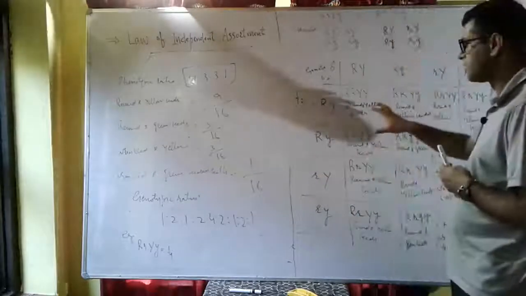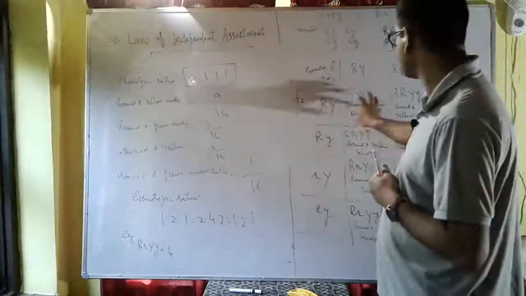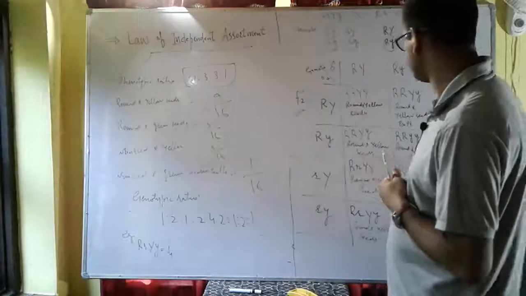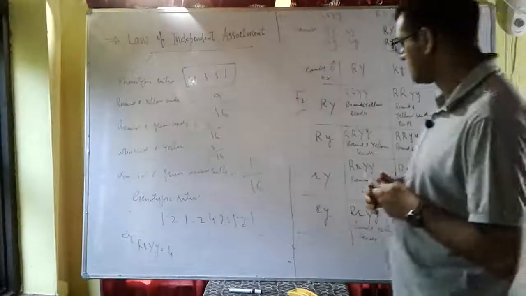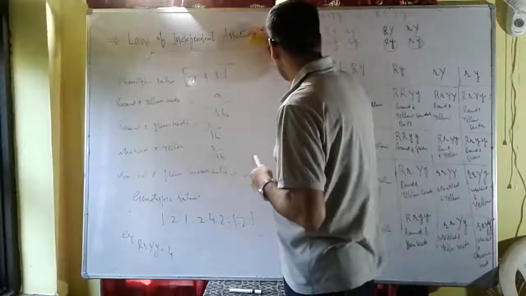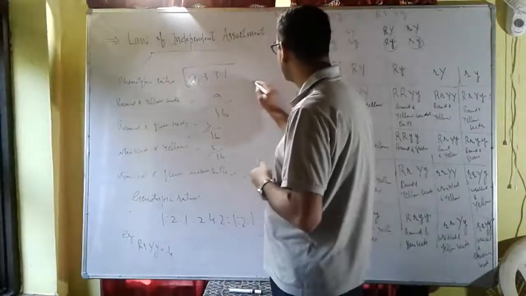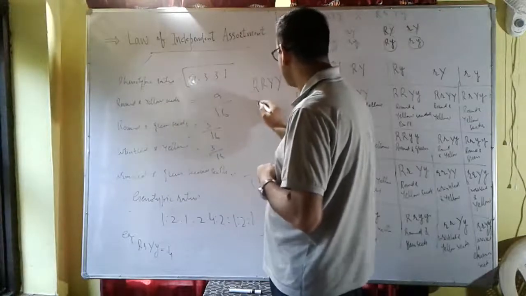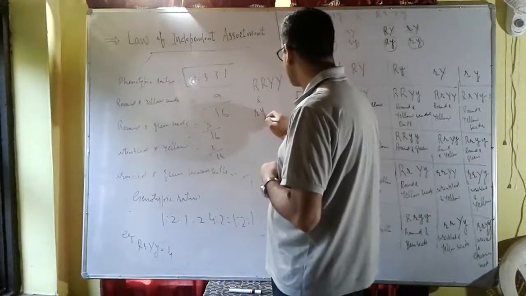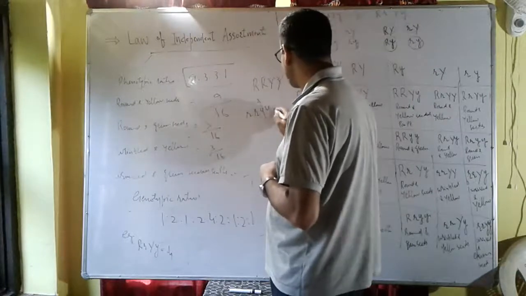This is a parental combination. These are 2 parental combinations. In the F2 generation, we get 2 parental combinations: capital R, capital Y, and small r, small y.